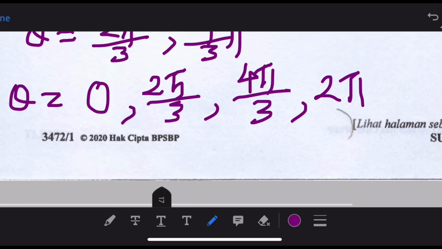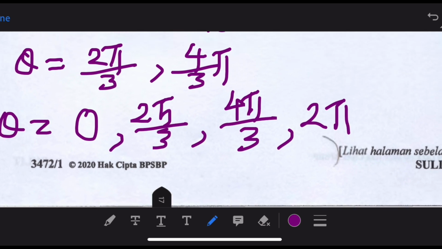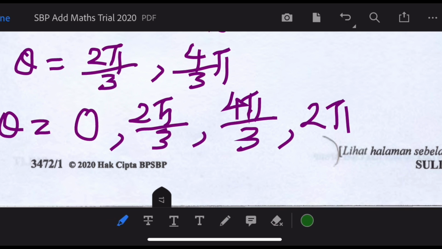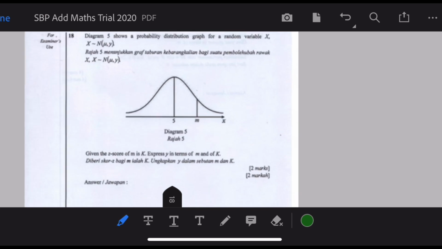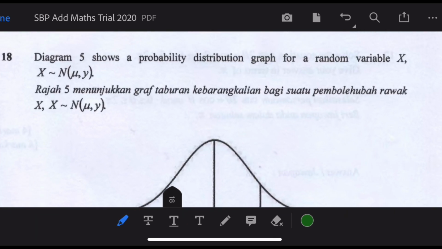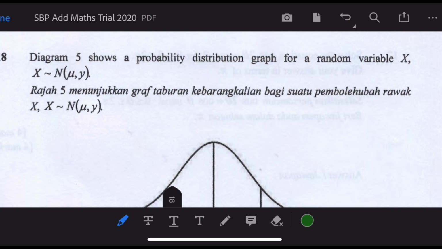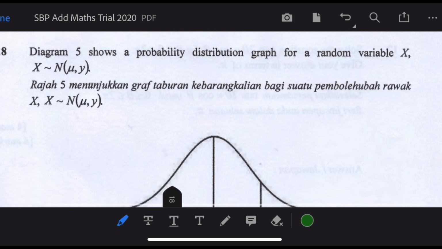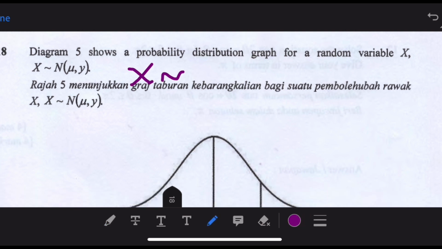Okay, so we have 4 answers for theta. So please keep in mind that whenever you want to solve the trigo equation, you must make sure you are having the common term, and you must make sure you write the answer accordingly. If they want degree, you give degree. If they want radian, you give radian form.